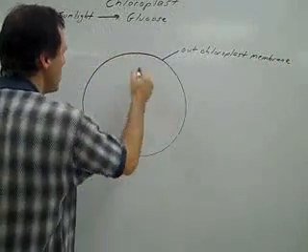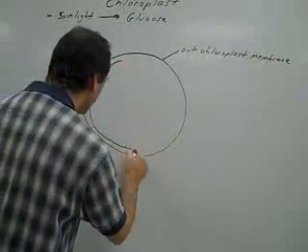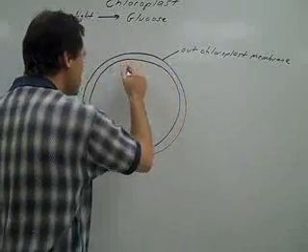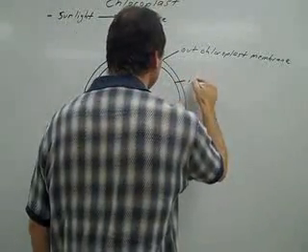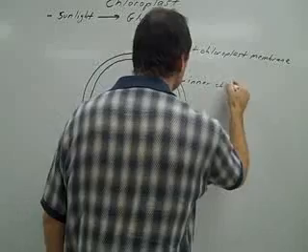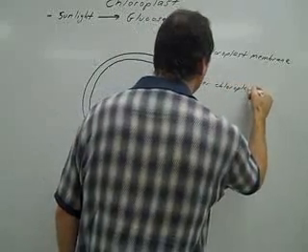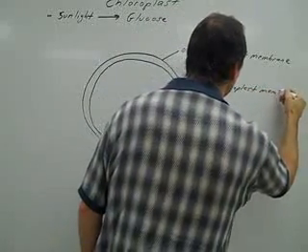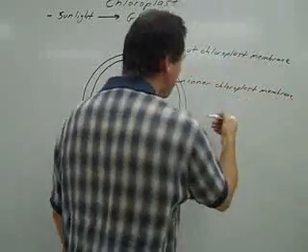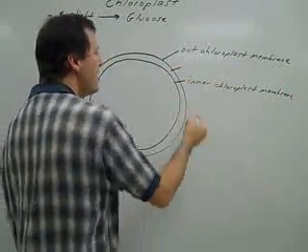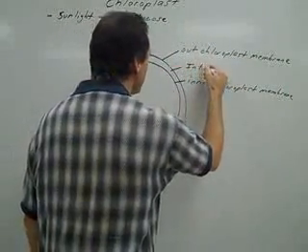The chloroplast also has an inner chloroplast membrane. And the space between the two membranes is the intermembrane space.